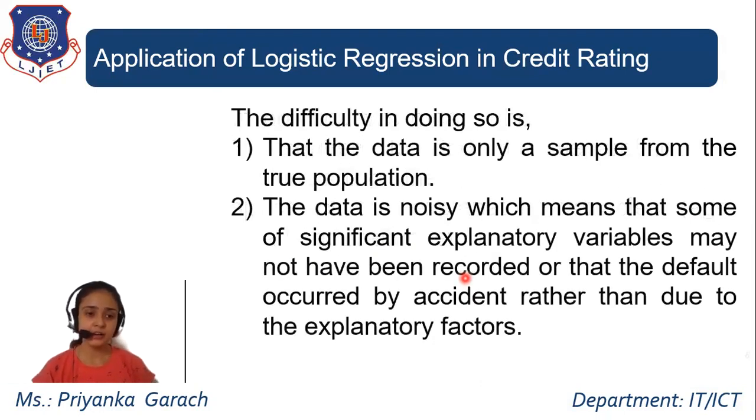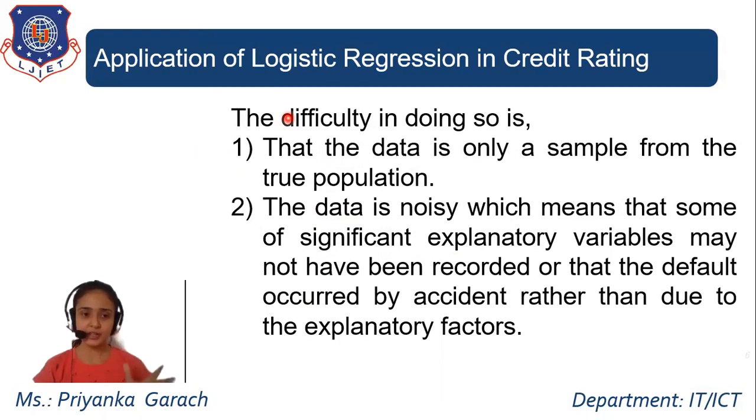So what is the difficulty in doing such a process? There are two different difficulties. The first one is that the data is only a sample from the true population. It means we are considering only a particular sample from the complete population. So we have to select a sample in such a way that it is a mixture of the good and the bad applicants.